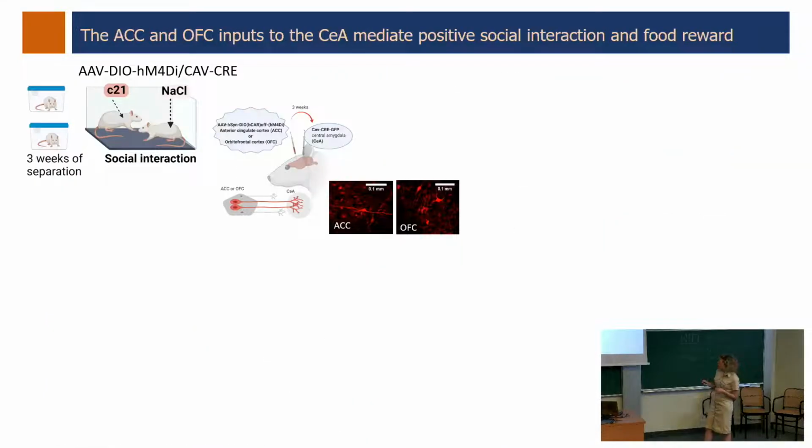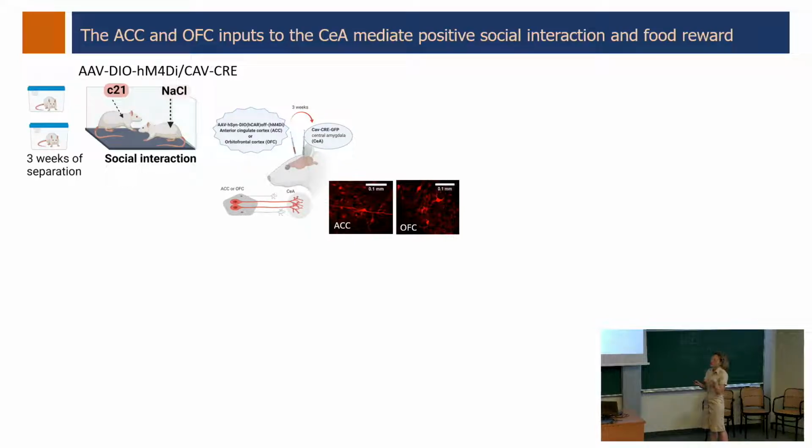So then we asked the question, what will happen when we block these projections? And we used a construct that allowed us to specifically label the projections. So part of the construct was injected either to the anterior cingulate or orbitofrontal cortex, and another part to the central amygdala.